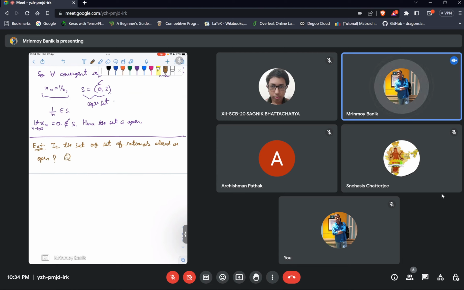The set of rational numbers is Q, which contains all the numbers of the form p by q, where p and q are integers, and q is not equal to 0. This is a subset of R, so we can talk about openness and closedness, since up till now we've only defined openness and closedness in subsets of R. So try to think about it for a few minutes. We'll be back in 5 minutes.